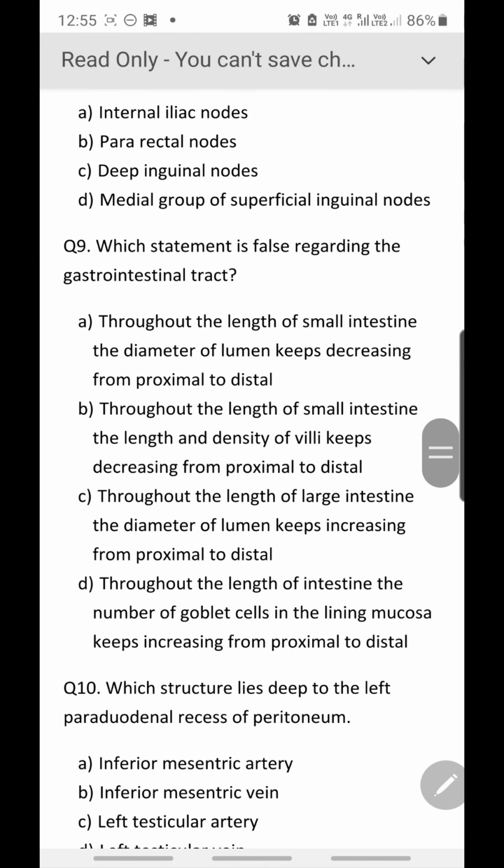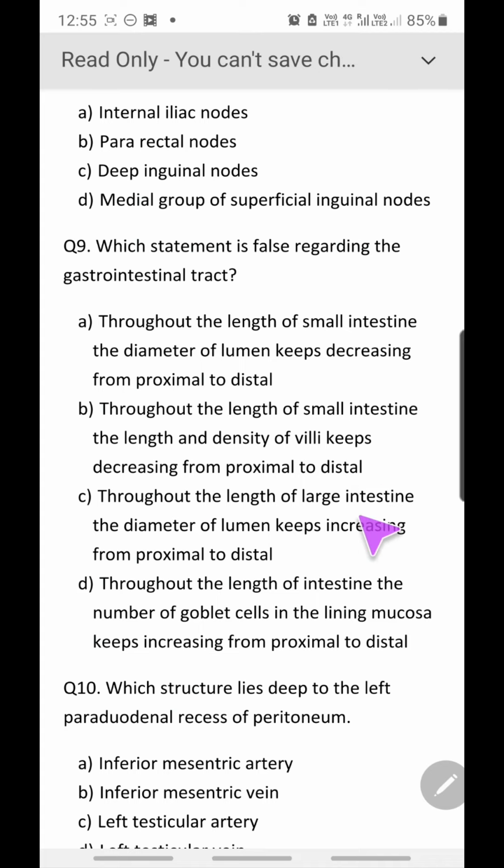Now, which statement is false regarding the gastrointestinal tract? Listen carefully. Which is the wrong statement about GIT? You have to find it out. Throughout the length of the small intestine, the diameter of the lumen keeps decreasing from proximal to distal. Is this correct? Throughout the length of the small intestine, the length and density of the villi keeps decreasing from proximal to distal.